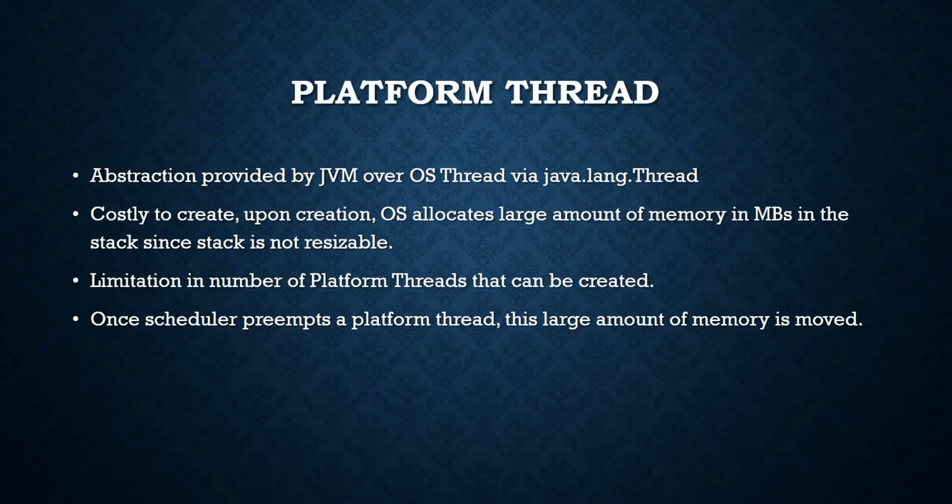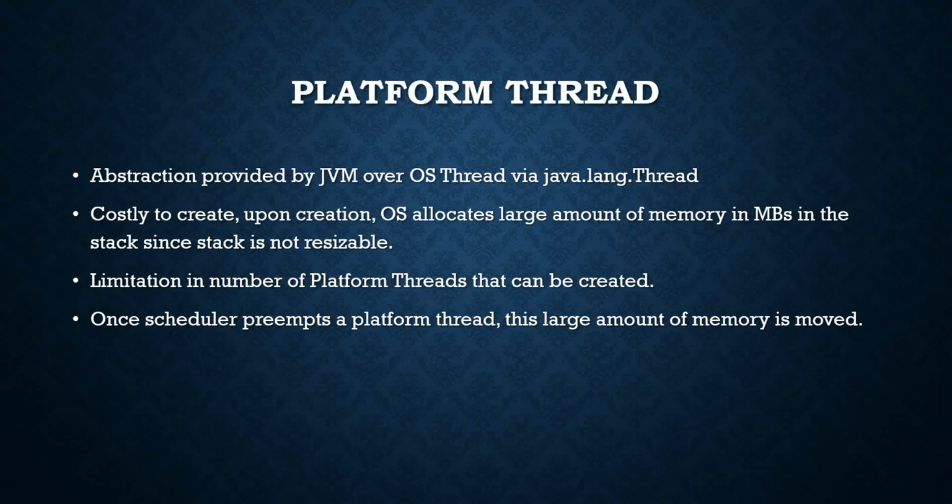So if we create a platform thread, then say 1 MB of space will be allocated by the operating system in the stack area for that platform thread. And if we create n number of platform threads, that memory area will lead to n into 1 MB.